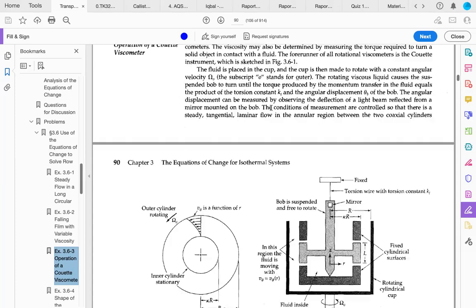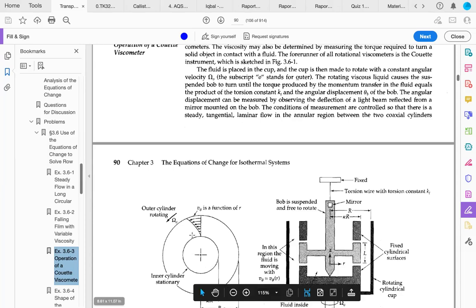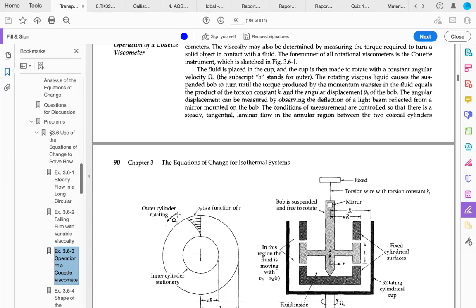Here the fluid is placed in a cup, and the cup is made to rotate with a constant angular velocity of omega 0, where 0 stands for outer. The rotating viscous liquid causes the suspended bob to turn until the torque produced by the momentum transfer in the fluid is equal to the product of the torsion constant kT and the angular displacement theta b of the bob.